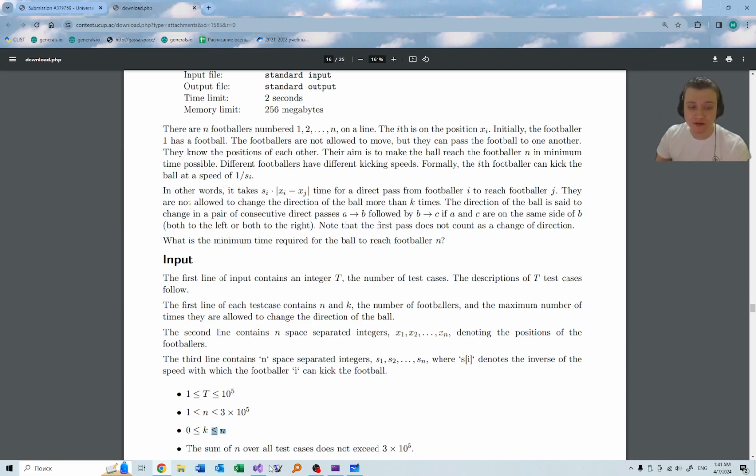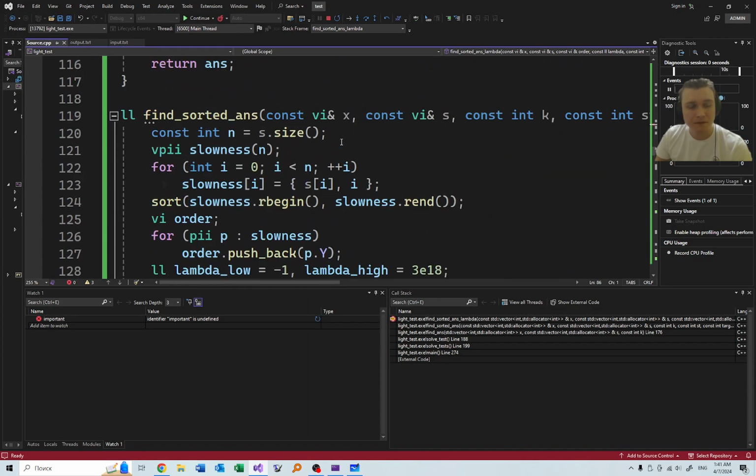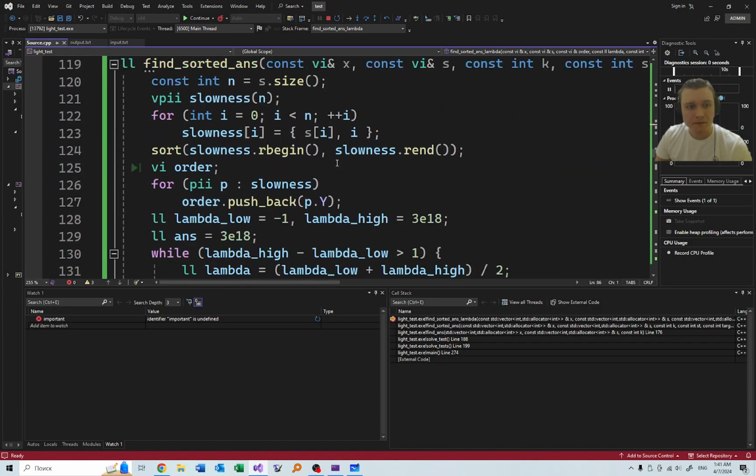Okay, I really don't know how it works, but let's try something. So first of all, in this sorted version, let's say that lambda high is this number divided by k plus 1.